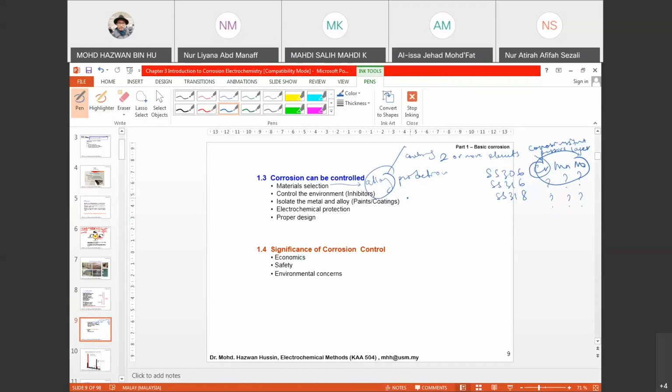The second method for corrosion control is by controlling the environment. We have talked about the presence of oxygen and the presence of water, and maybe other considerations like anions.